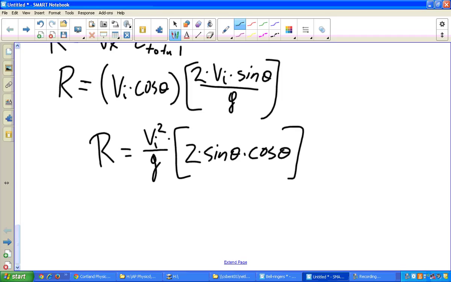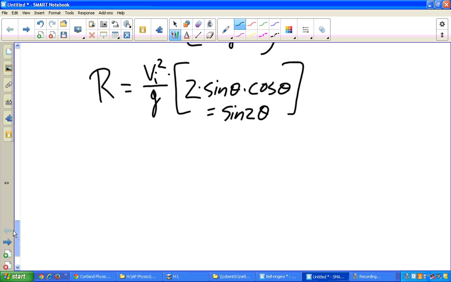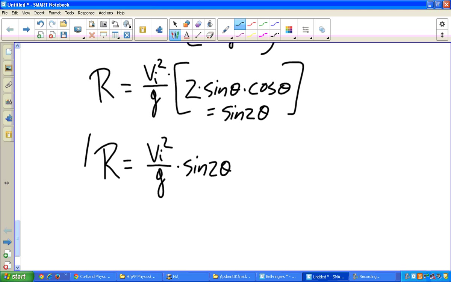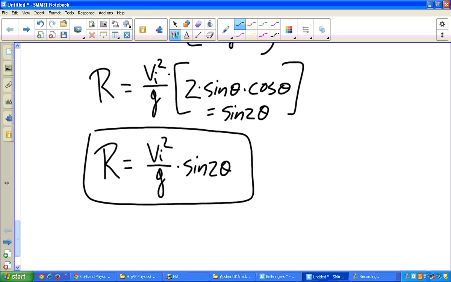So recall from trigonometry, 2 sine theta cos theta is equal to sine 2 theta from the double angle formula. So we're going to make use of that and rewrite the range as VI squared over g times sine 2 theta. And we have an expression for our range. And remember, this is for starting and ending on level ground.